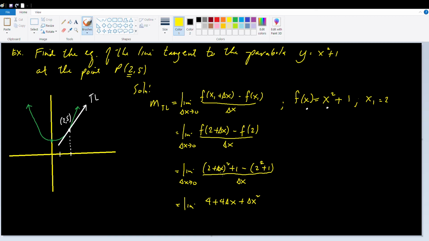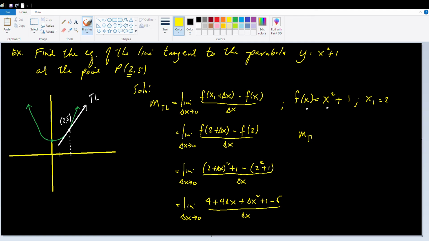Expanding 2 plus delta x quantity squared: the square of 2 is 4, twice the product, so 2 times delta x, is 4 delta x, plus delta x squared, plus 1 minus 2 squared plus 1, which is 5. So minus 5, all over delta x, as delta x approaches 0.